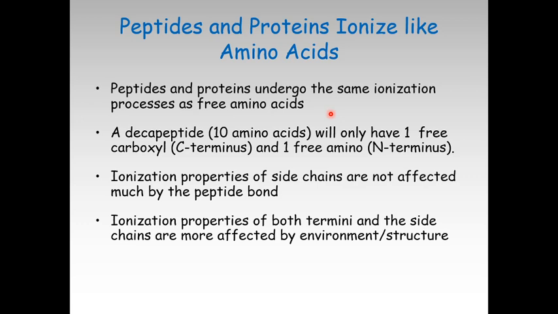And it can have various different pKa's and a pI, an isoelectric point. A decapeptide, 10 amino acids, will only have one free carboxy terminus and one free N-terminus or amino terminus, because all the other amino termini and carboxy termini are joined together by peptide bonds.